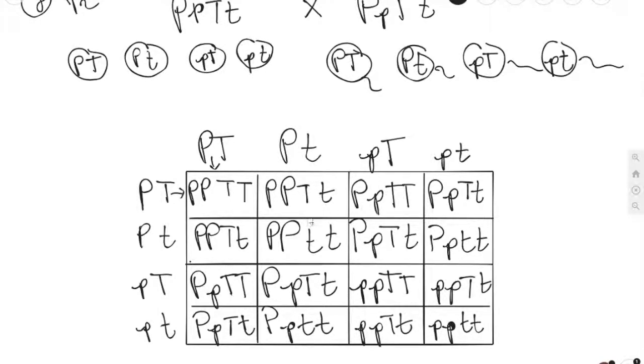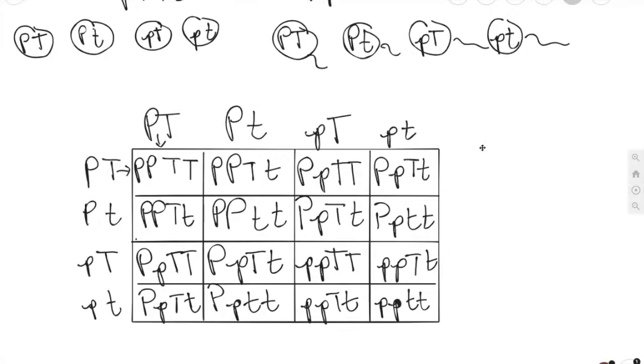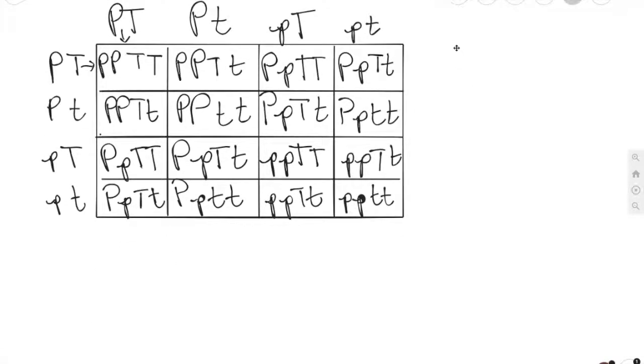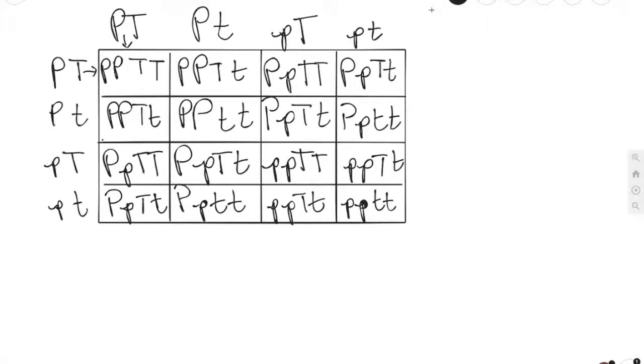All right, so now our Punnett square is completely filled out. So the next thing we want to do is look at the ratio of the offspring. So we're going to look at the different possible phenotypes, right? And so the phenotypes are what they look like. So we have 4 possibilities.